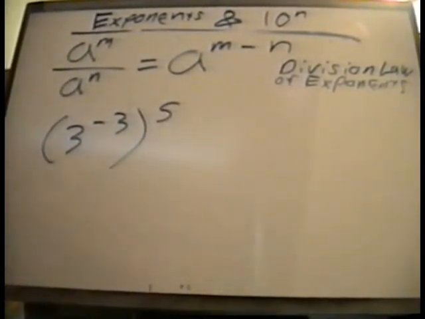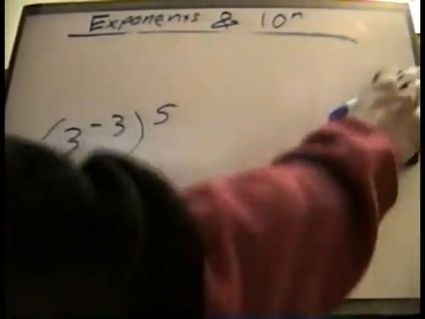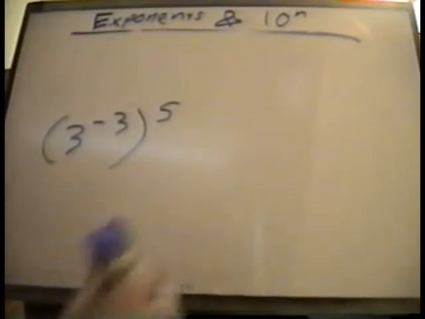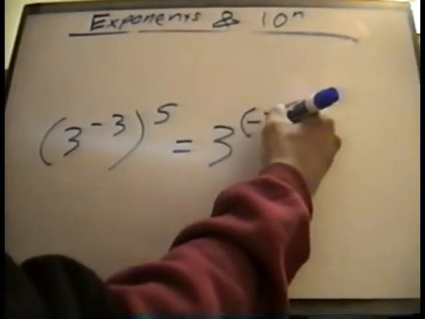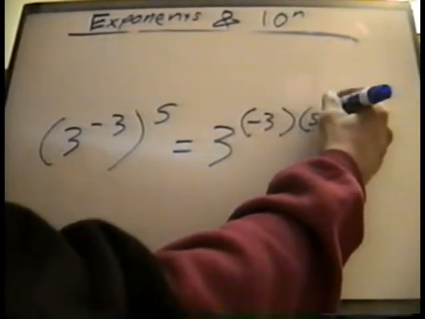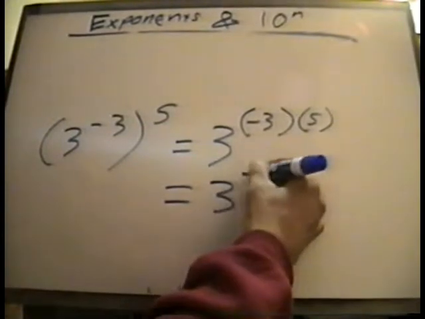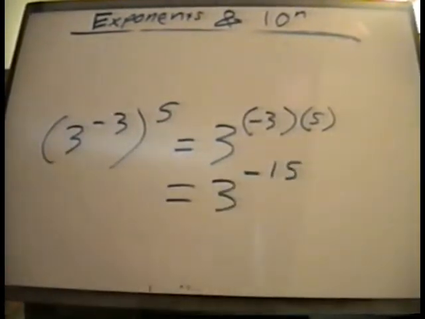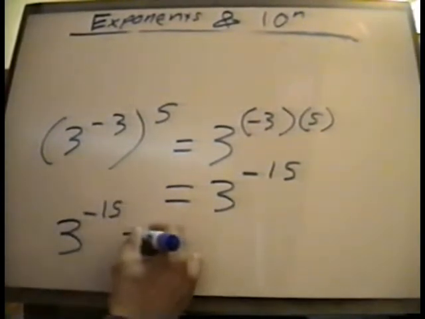Now we multiply using the power law. That's going to give you 3 to the power of negative 3 times 5, which is 3 to the power of negative 15. Now, 3 to the power of negative 15 gives us 1 over 3 to the power of 15.